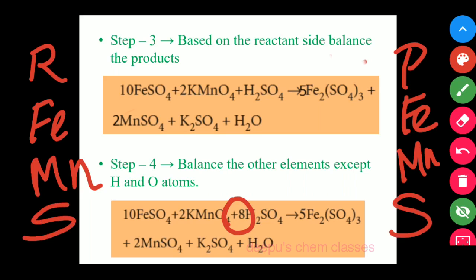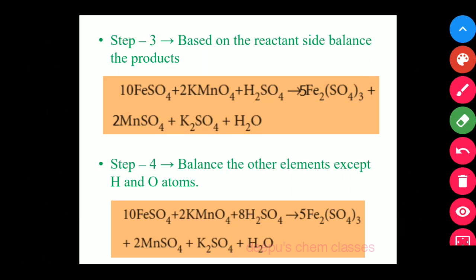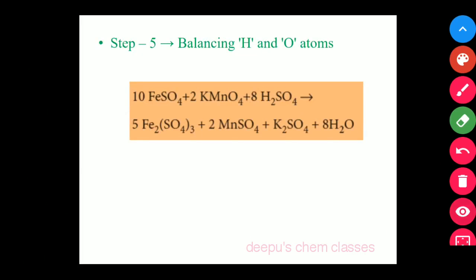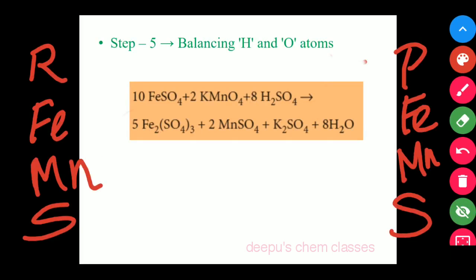Then what is remaining? Hydrogen and oxygen. In the next step, we are going to balance hydrogen and oxygen. Let us balance hydrogen first. Count the number of hydrogen atoms on the reactant side and product side.